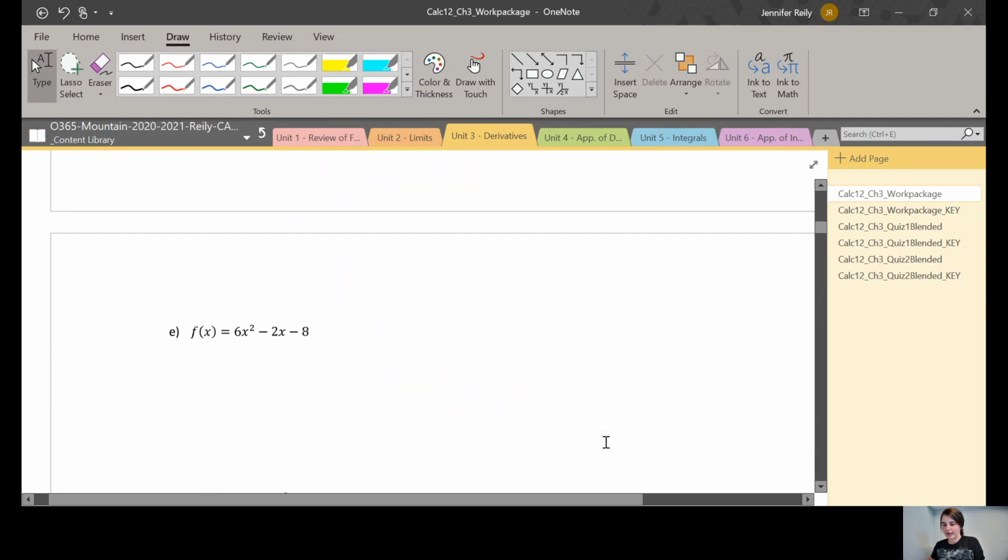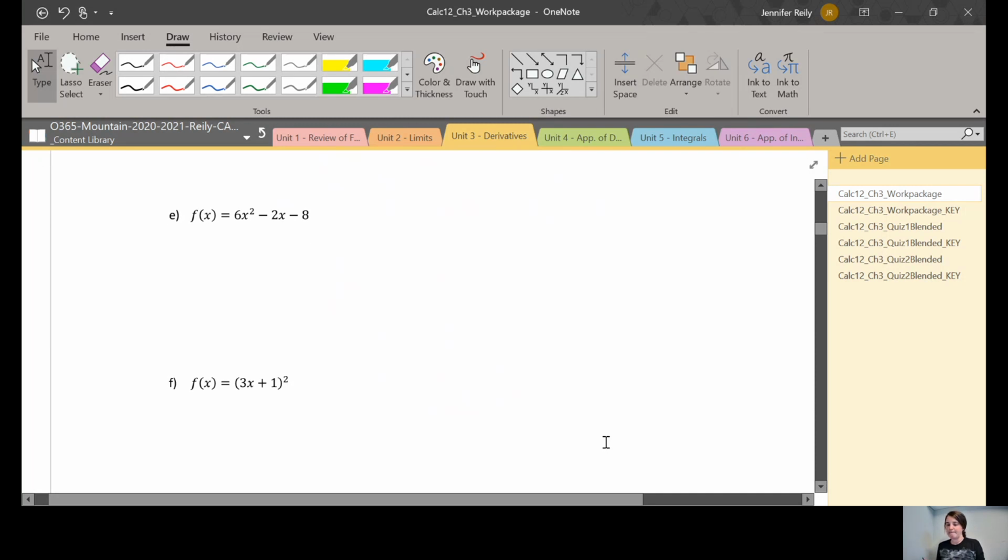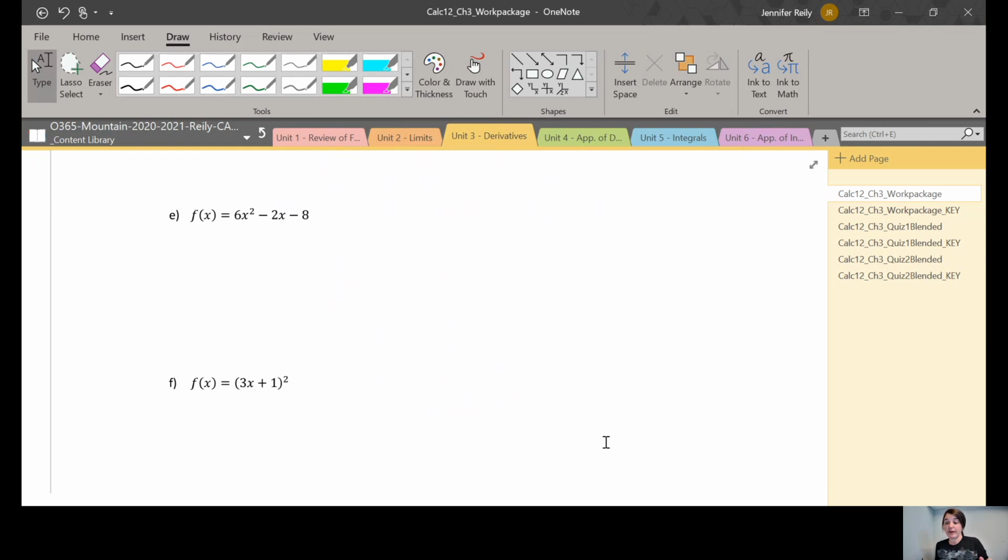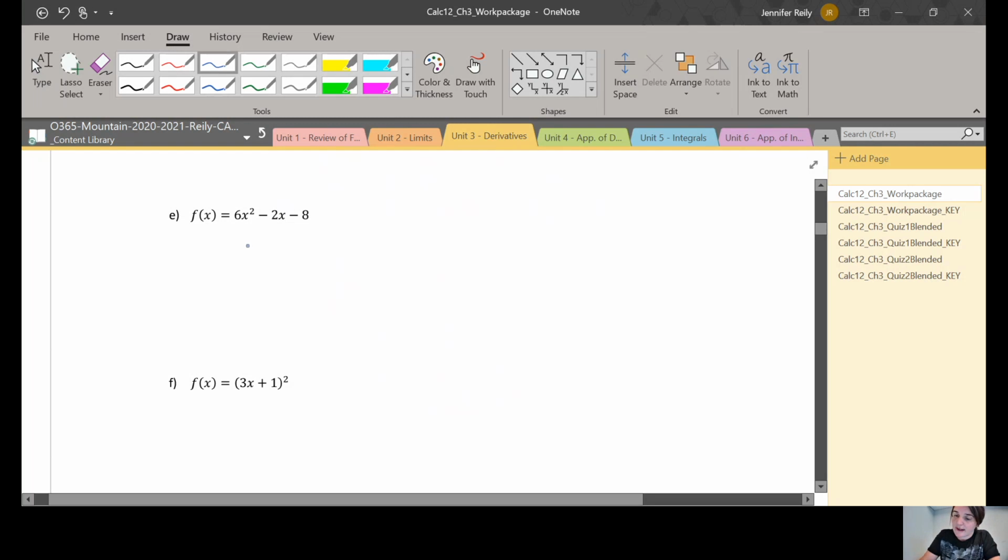Next question. We're going to have 3 terms in this degree 2 polynomial. So this is a parabola. So we're getting, because the terms are being subtracted from one another, we can just do all 3 terms separately and just add the derivatives together at the end. So for the 6x squared, remember we leave the 6 where it is.